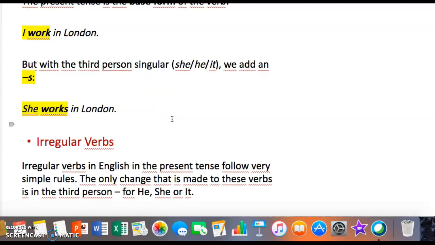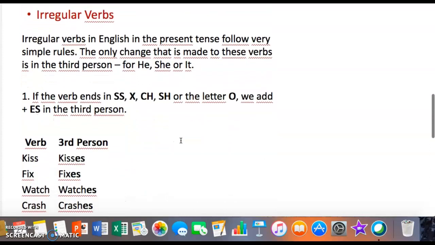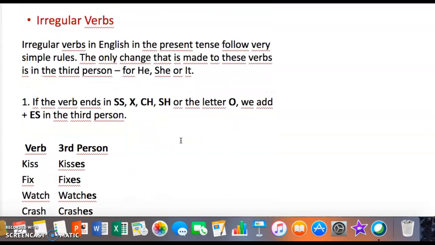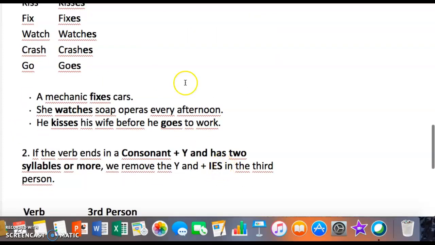However, you know, with other things that we've seen, there are always some rules which state something different. So in this case, we don't always just add an S. There are two cases when we add an ES or we add IES.